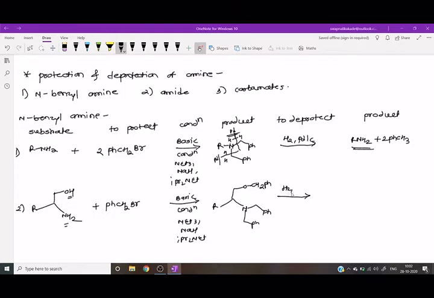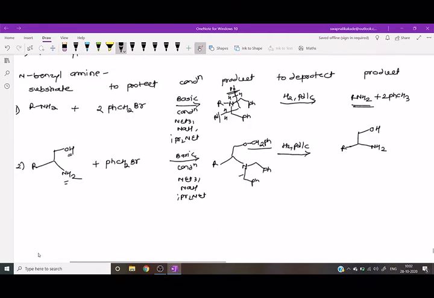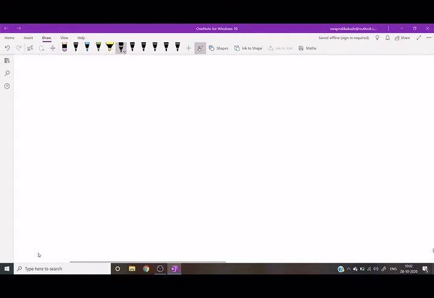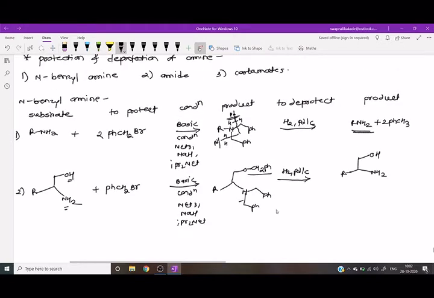If we use H2, Pd/C, then both side deprotection takes place, from nitrogen side and from oxygen side. We get a product same as the substrate. If we use Pearlman catalyst, the Pearlman catalyst is H2, Pd(OH)2/C.